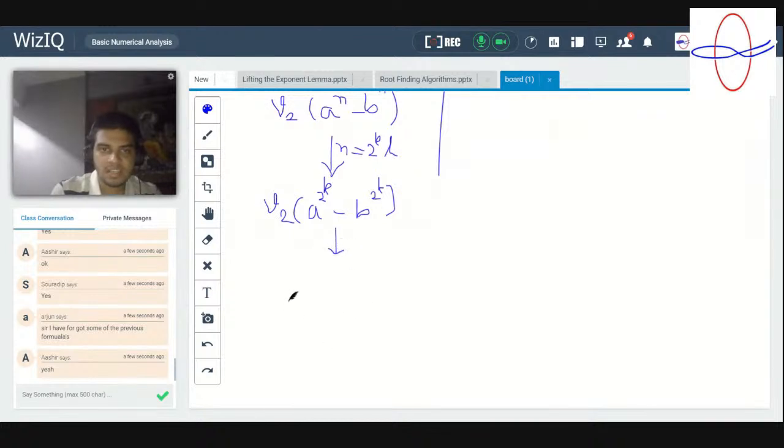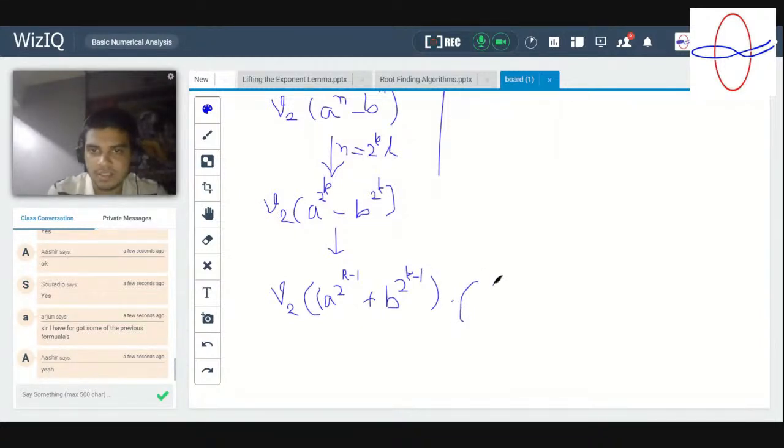So this we can write as v2 of a raised to 2 raised to k. This can be written as a raised to 2 raised to k minus 1 plus b raised to 2 raised to k minus 1, times a raised to 2 raised to k minus 2 plus b raised to 2 raised to k minus 2, and so on, right?